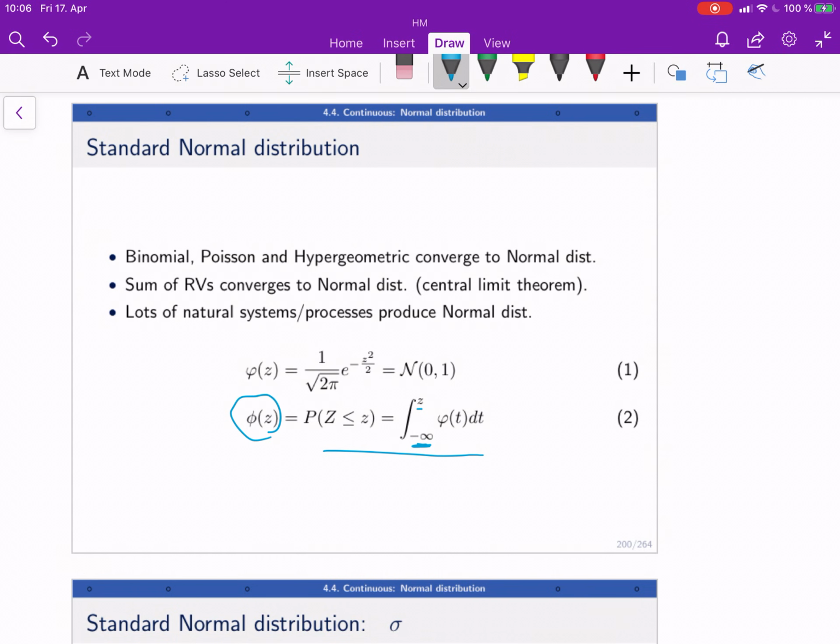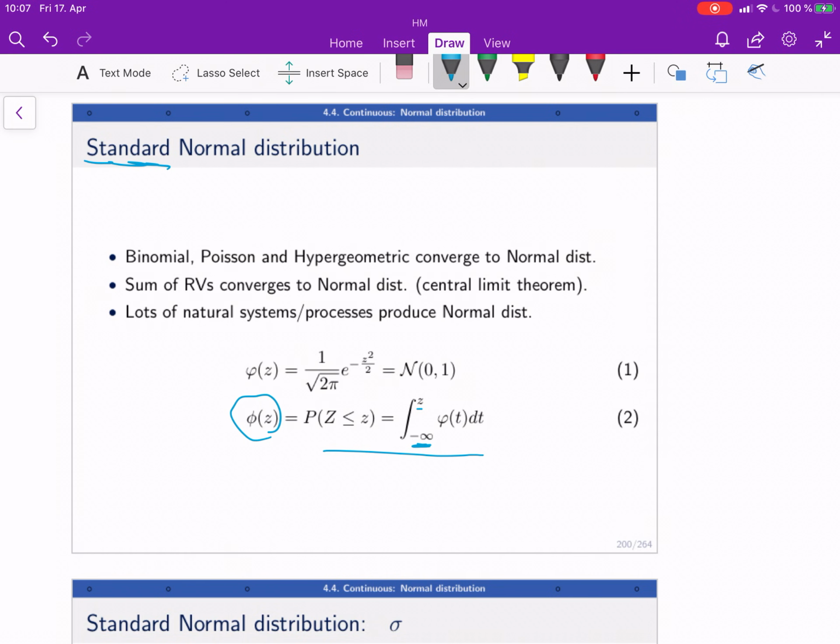We're also going to use the standard normal distribution. So we talked about standardization, so no reason to keep the mean value, the expectation value mu, and the standard deviation at random values. We can always shift and scale, so everything works.